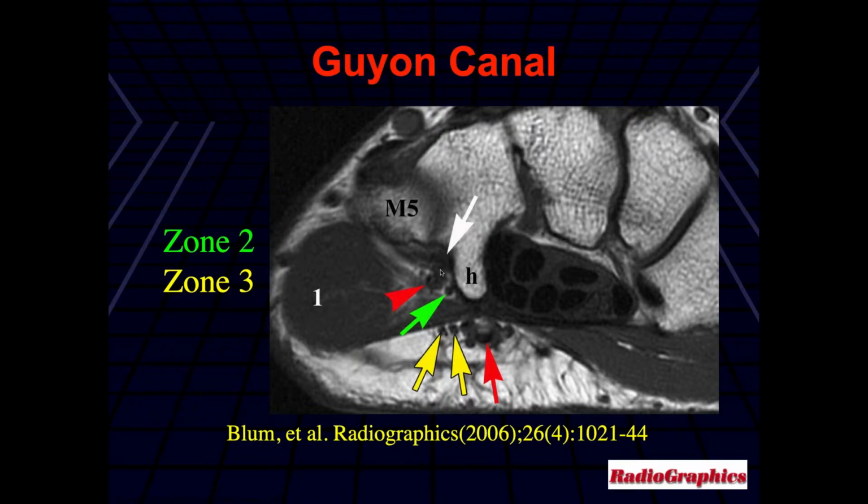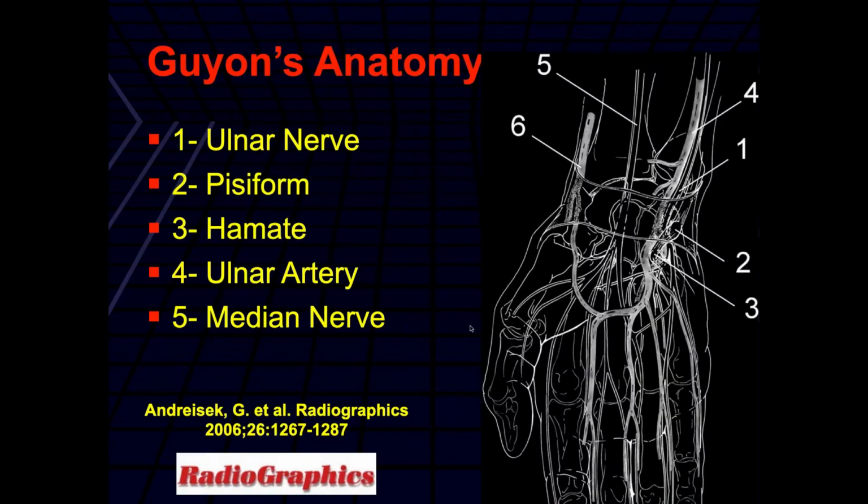There are groups of nerves and vessels adjacent to the hook of the hamate, deep to the muscle. And then we've got nerves, artery, and veins superficially, which is the superficial component of Guyon's canal at the level of the hook of the hamate.